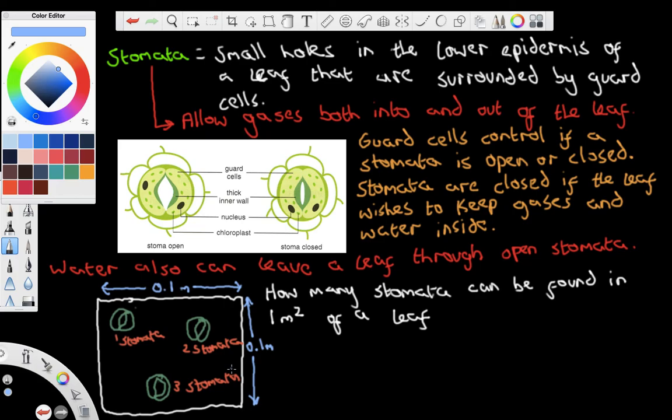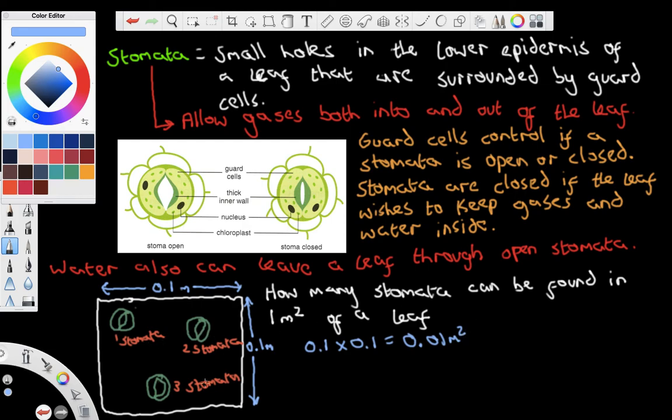So to calculate this, we can do 0.1 times 0.1 to give us 0.01 metres squared. The area of this image is 0.01 metres squared.